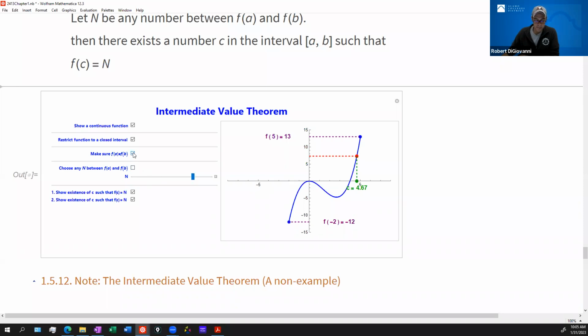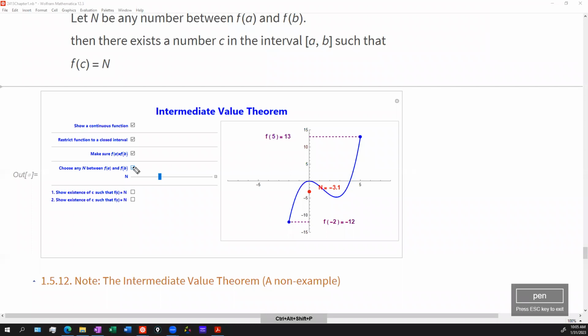Let me back it up and do a different value of n. How about down here? This one's kind of interesting. Is there one answer here or more than one answer?